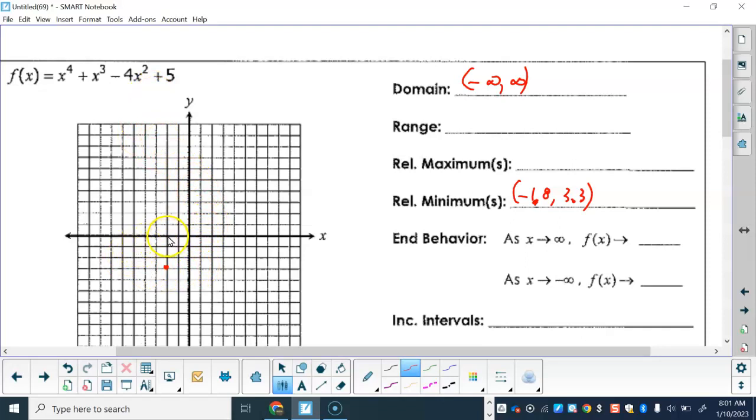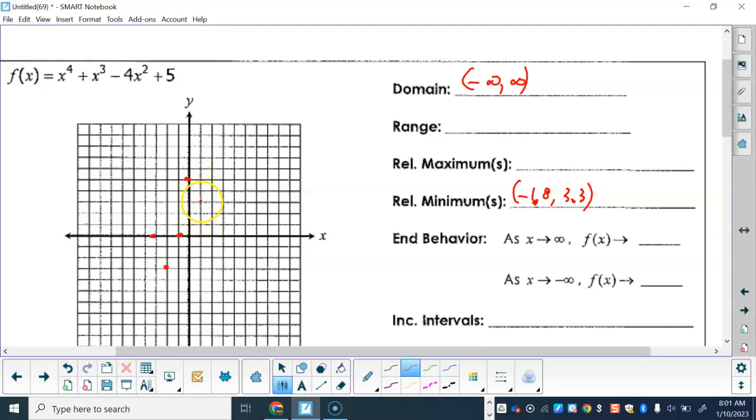You can also see it crosses at about 2, right about there. And we had another cross at 1, 0. Then it went through 0, 5. So it goes through there, and then it comes and goes to the point 1, 3.